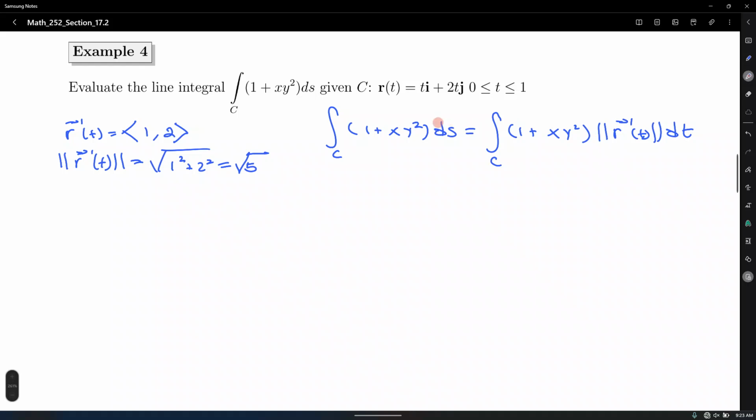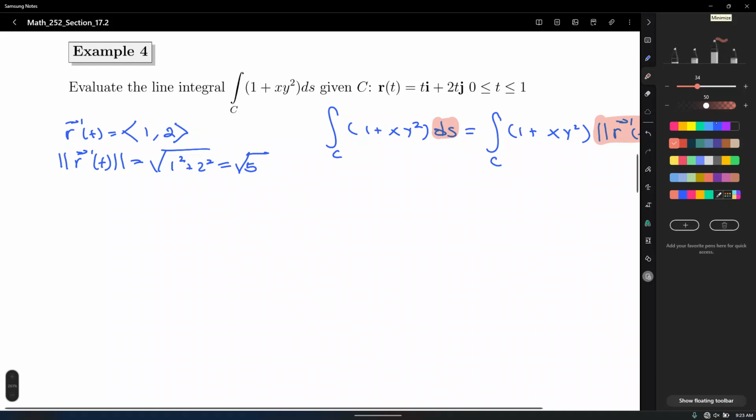Let me highlight this just to make it resonate with what we just did. Highlight the x component, the y component. As easy as substituting.